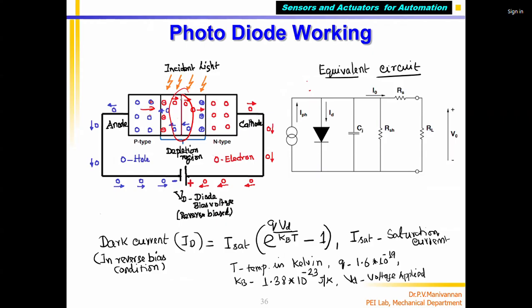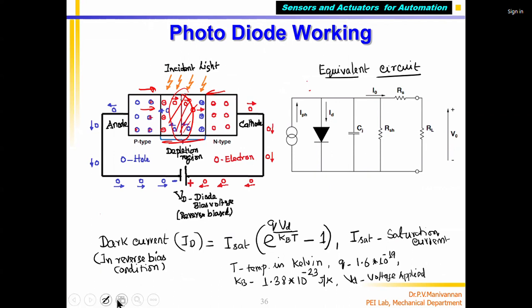These are plus plus, and they want to go to this side. Similarly, the electrons want to go to this side, because they are attracted. But this region prevents it. Here the charged particles combine and become a neutral region called the depletion region. These holes and electrons cannot pass through this region.